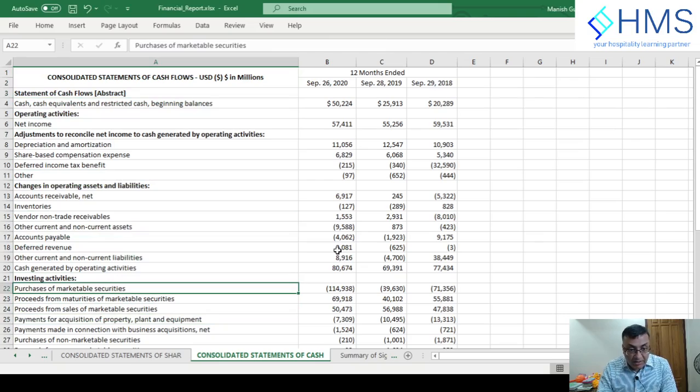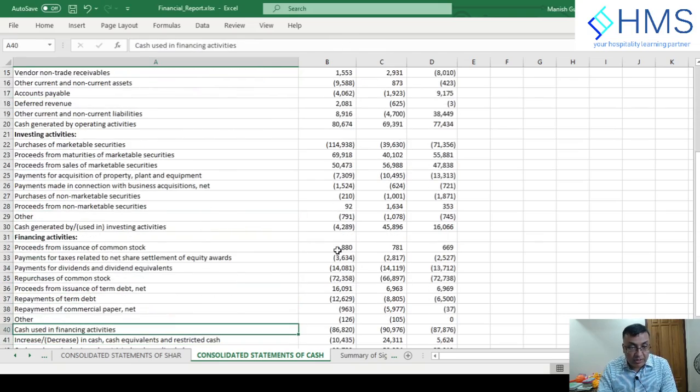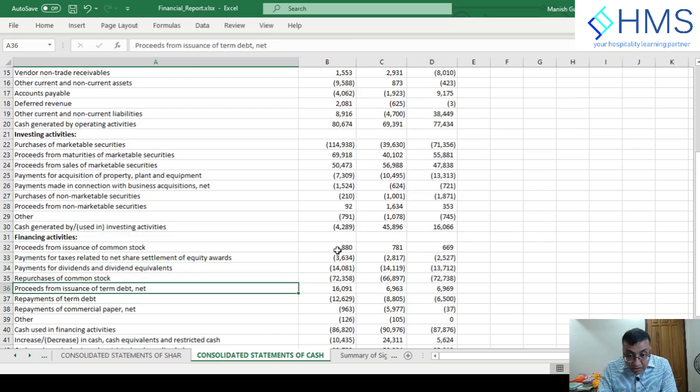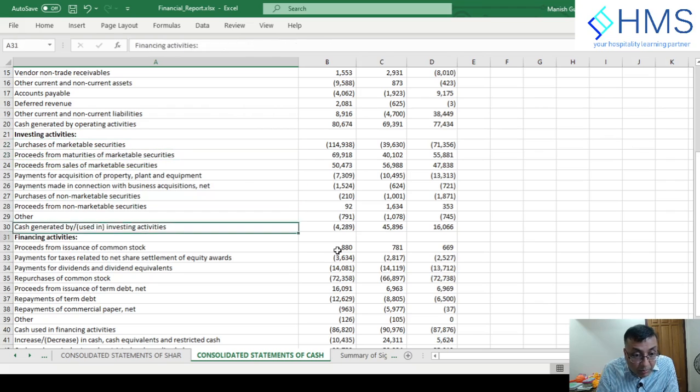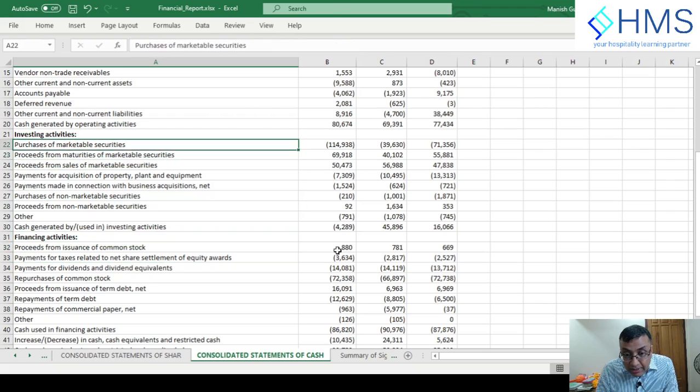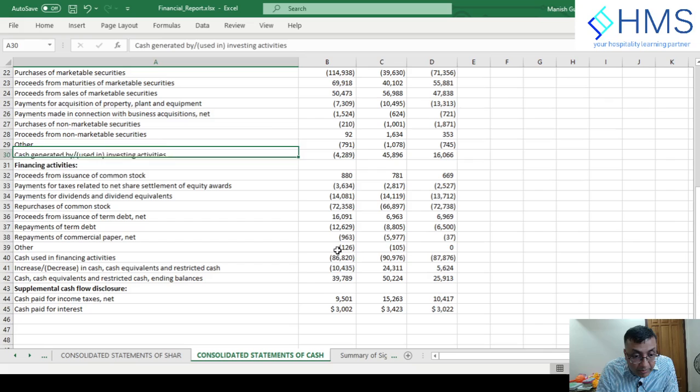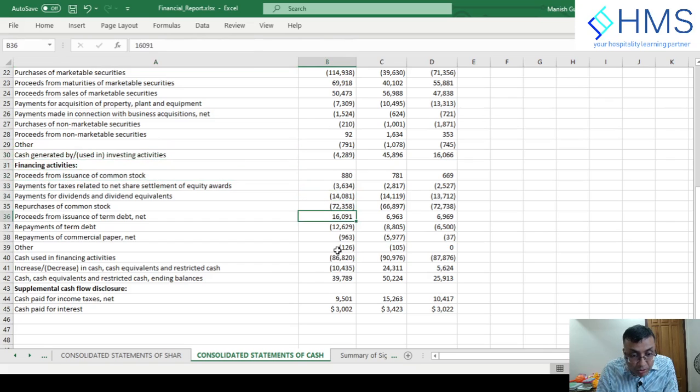So you can see here how much is the interest in financing activity, meaning what interest they are paying. Oh no, there is no information on the interest. It's only the proceeds from the sale and purchase of non-marketable securities, and proceeds from issuance. Normally the interest is also shown separately: how much interest is being paid on the repayment of term debt and also the common stock.